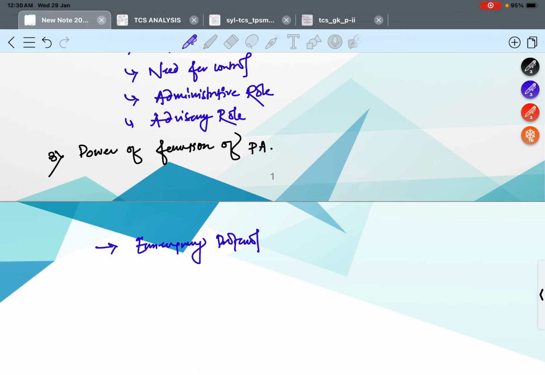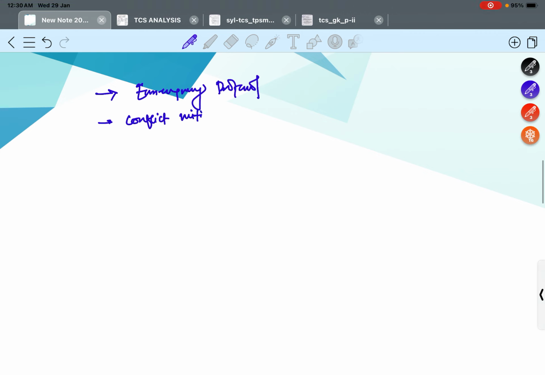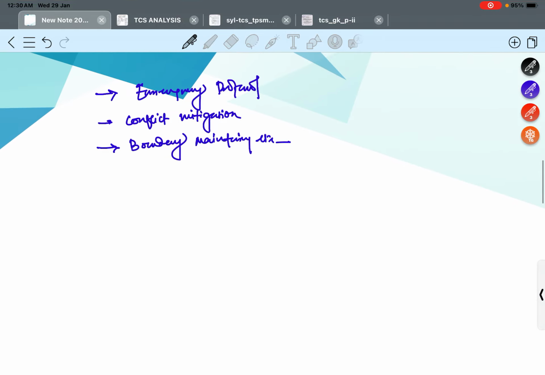For example, if the king wants to attack some neighboring territory or acquire something, the king must obtain permission from the political agent. Next is conflict mitigation. There are many reasons, boundary maintaining, etc. In this way you will know all the powers and functions of the political agent.